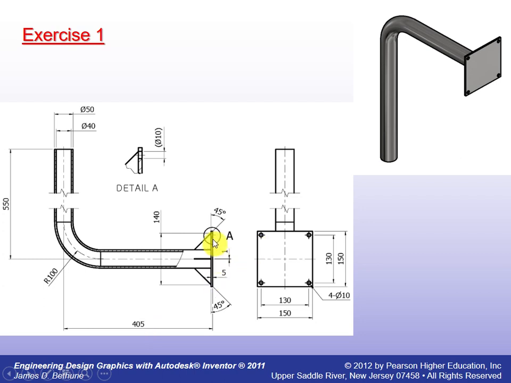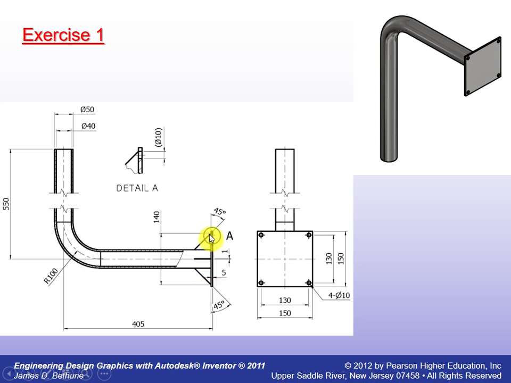And guys, we have holes, 1, 2, 3, 4 holes on the plate. And this is a plate with thickness of 5 millimeters. And also we have 1, 2, 3, 4 ribs, supports.